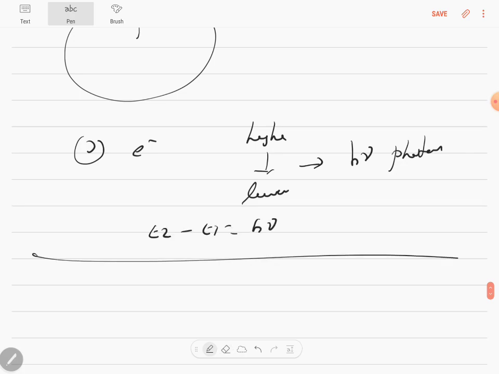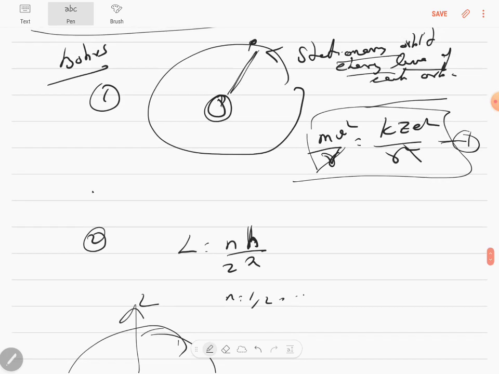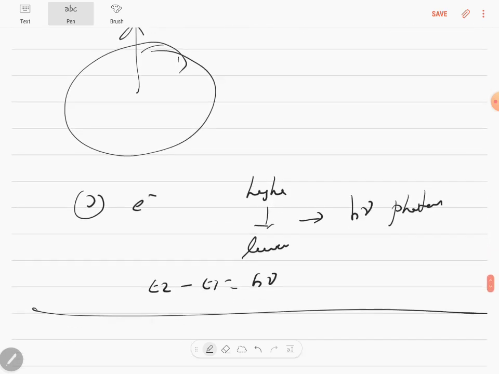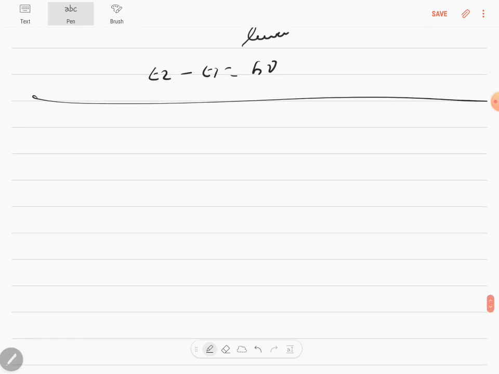The mathematical expressions are mv square by r is equal to k z e square by r square, L is equal to nh by 2 pi, and E2 minus E1 is equal to h mu. These are the three with which we are going to start deriving the entire lesson.